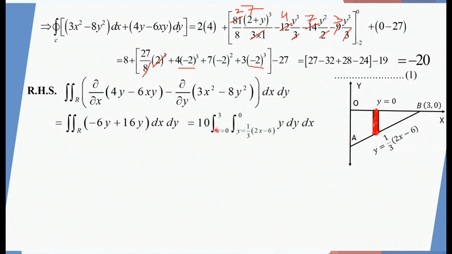So we can write it as 10 outside, integral x equals 0 to 3, because it is the constant so we can take it outside, integral y equals 1 by 3 of (2x minus 6) to 0 of y dy dx. So first we integrate with respect to y. So the integral of y is y square by 2 under this particular limit.